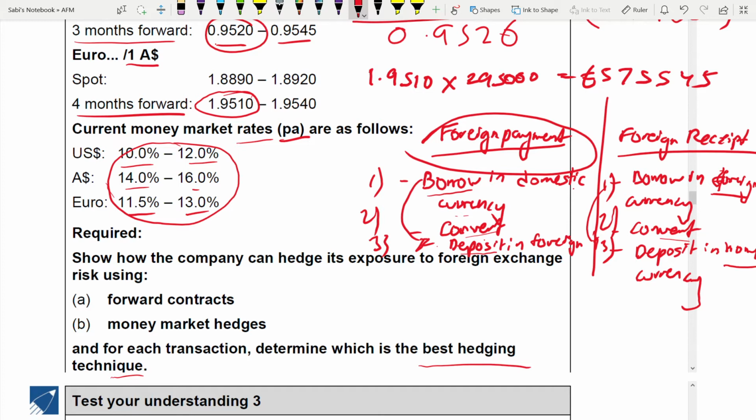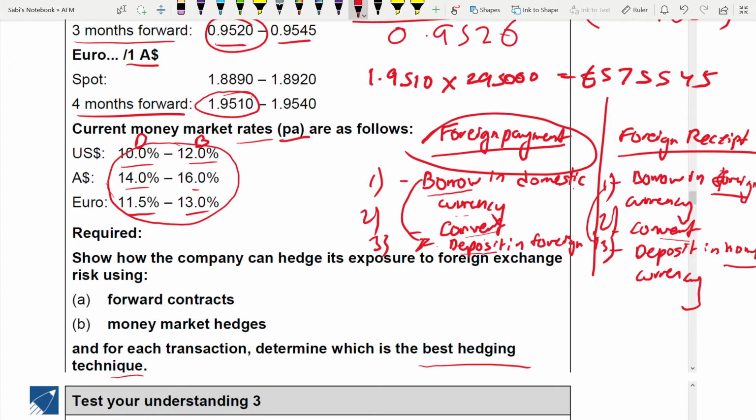Always we have to apportion the interest rate. You'll be given the annual interest rate. You have to take it for 3 months. So the borrowing rates will definitely be more than the depositing rates. So this side is your depositing and this side will be your borrowing. Left side are the depositing because they're the lower rates and right side are the borrowing rates.